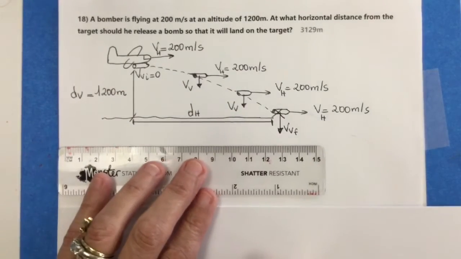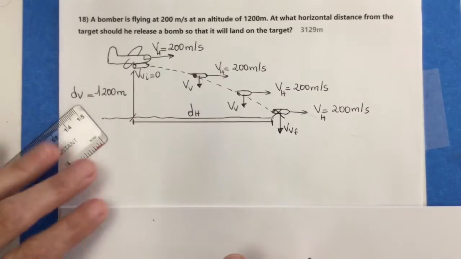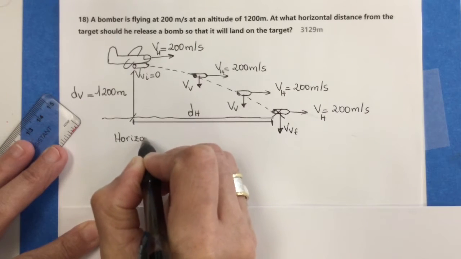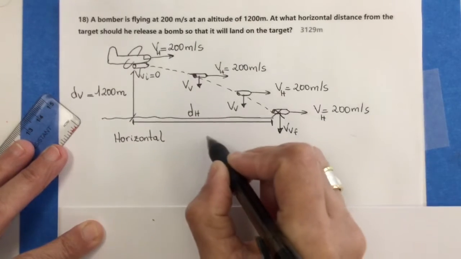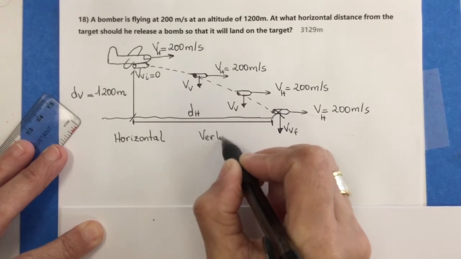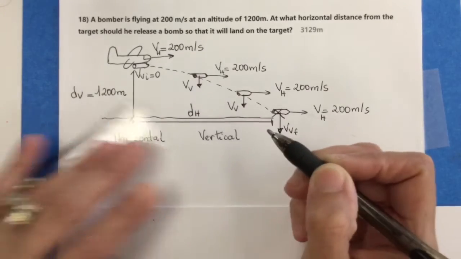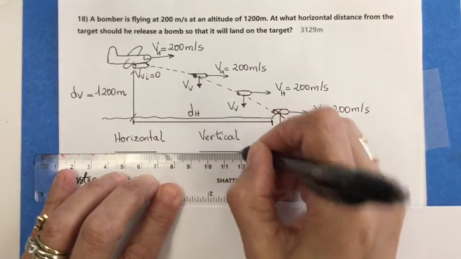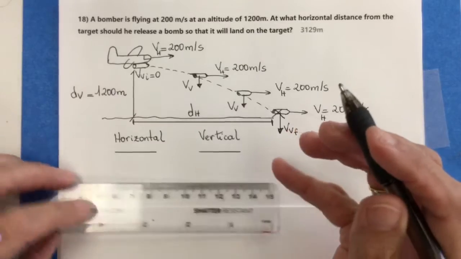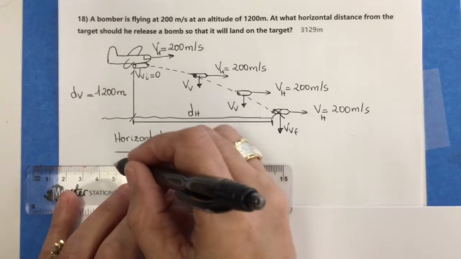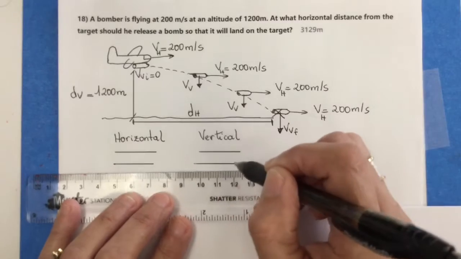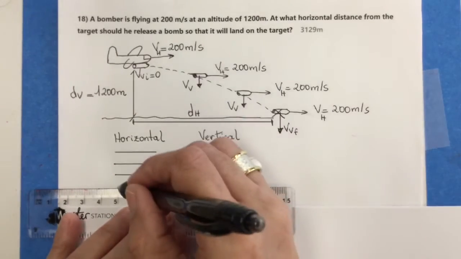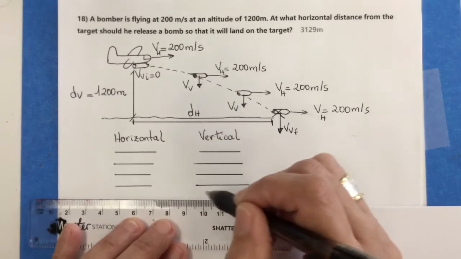So now we are going to draw two tables. One is horizontal, and the second one is the vertical table. We are going to draw the table with the 5 motion variables: velocity, distance, acceleration, and time.